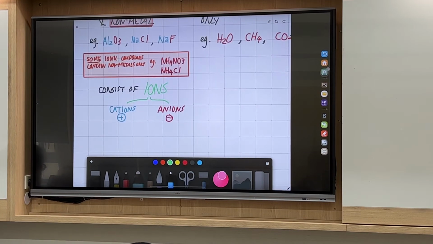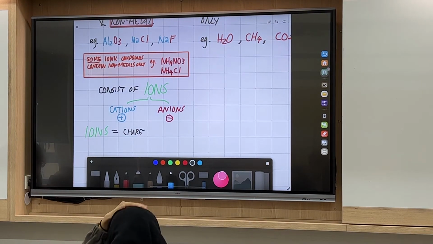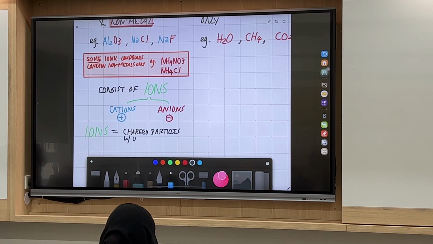Write down ions are charged particles with different number of what? What is inside an atom that is charged? Electrons and protons. But in an atom, these two particles are equal in number. In ions, however, they are not equal. So: charged particles with unequal number of protons and electrons.